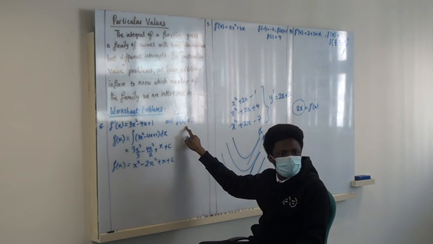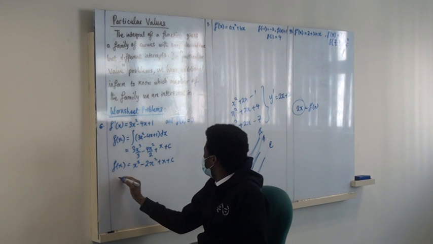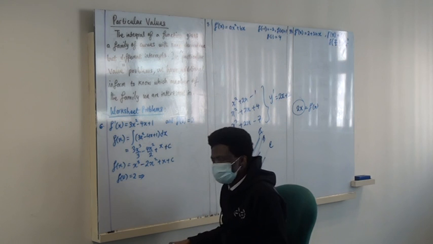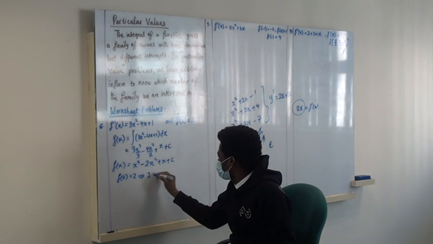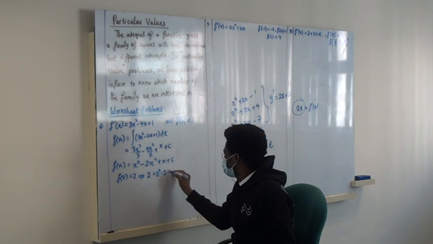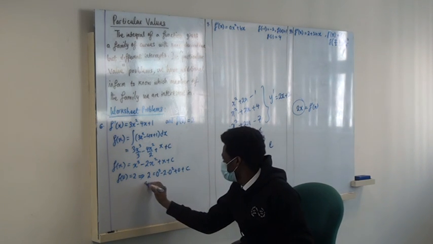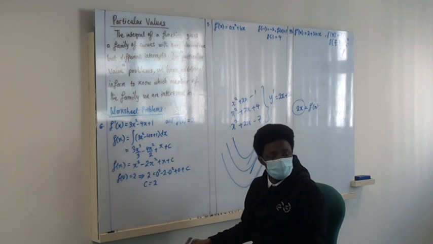Then you substitute. Okay? So f of 0 is equal to 2 implies that 2 is equal to 0 cubed minus 2 times 0 squared plus 0 plus c. What does that tell you? c is equal to 2.